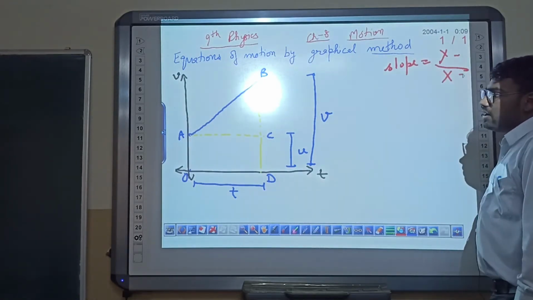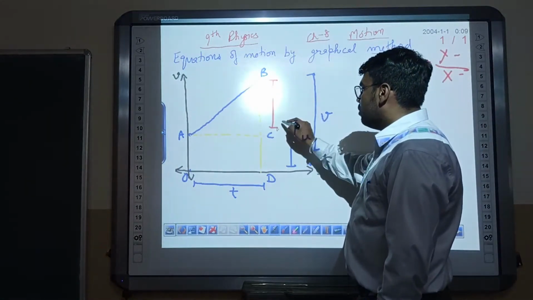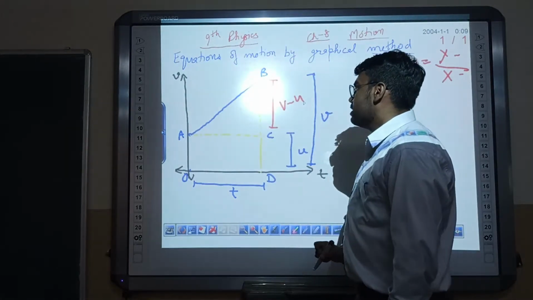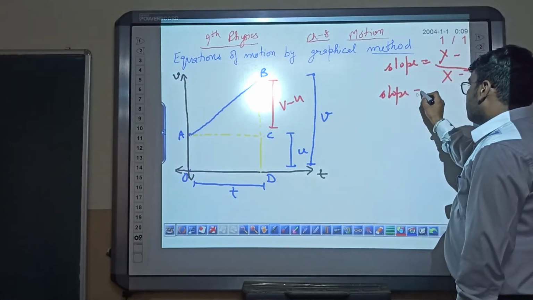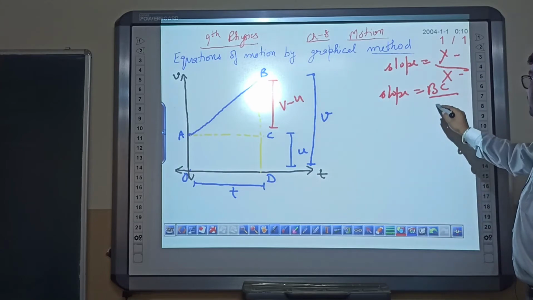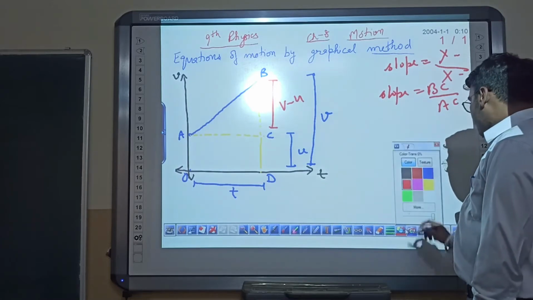So what is the value of y intercept? This height is the value of y intercept, because our graph is this straight line. So slope will be BC, that is perpendicular, upon base, that is AC. Name the physical quantity we get from the slope of the VT graph. The answer is acceleration.